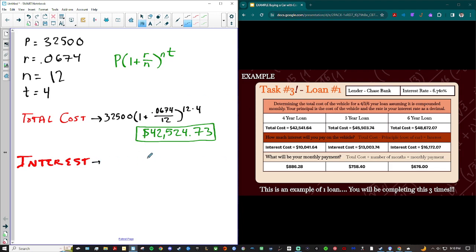Our total cost is 42,524.73 minus our starting cost, 32,500.